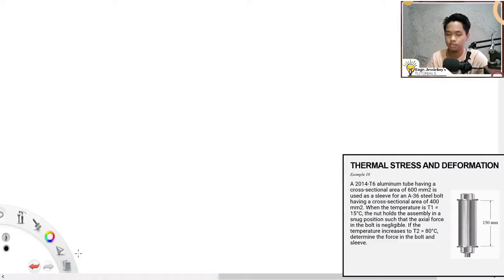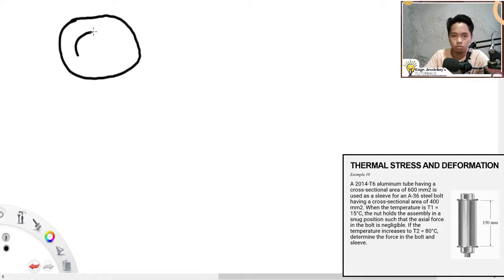Since the problem states that it is a sleeve, we take the top view. Assuming it is a circle, the aluminum tube, so this is a tube. This is aluminum.